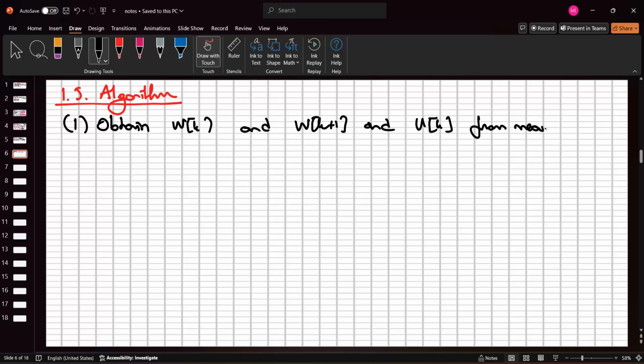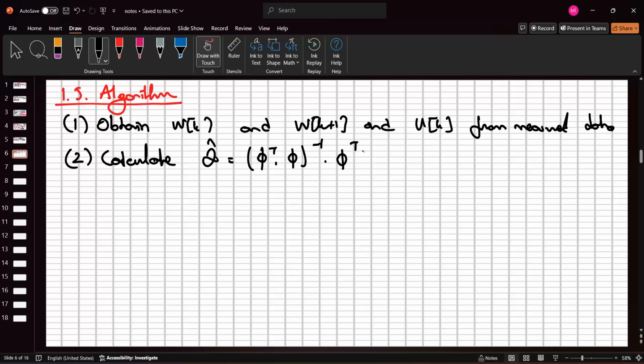We possess it. Measured data. And after that, we need to calculate theta hat, which equals (phi transpose phi) to the power minus 1 times phi transpose y.